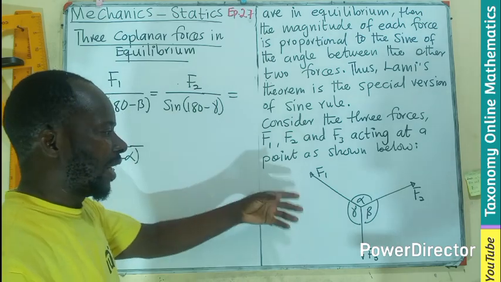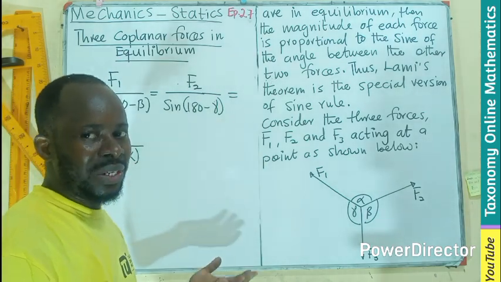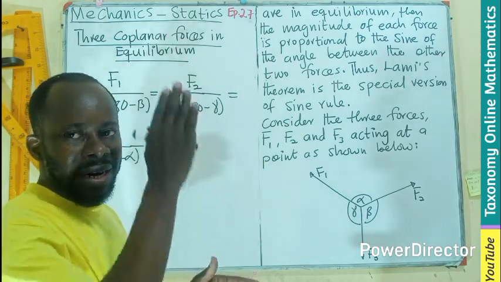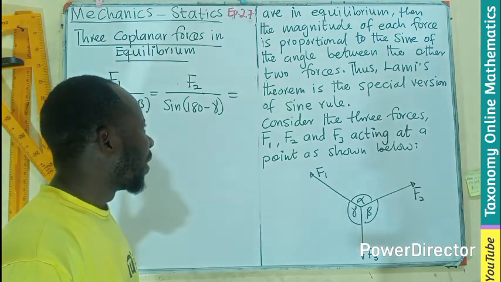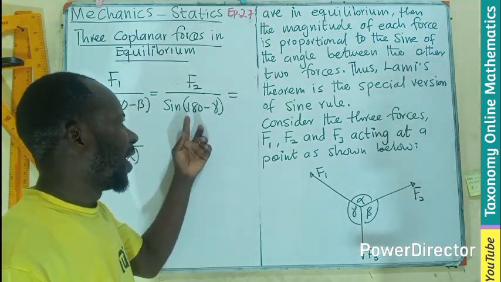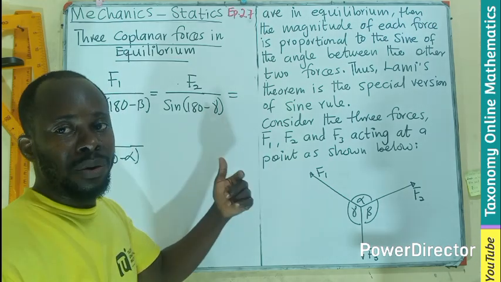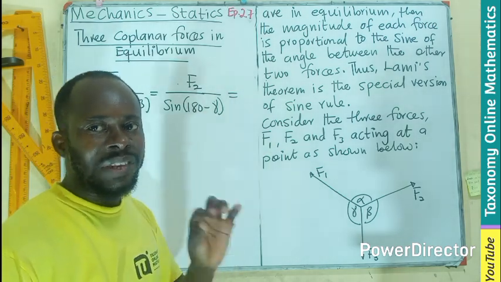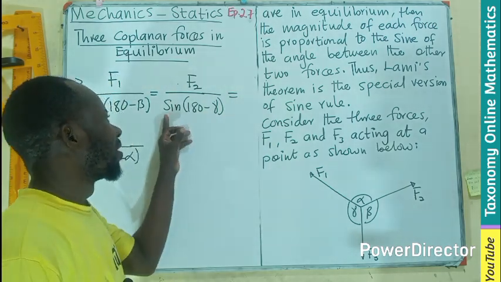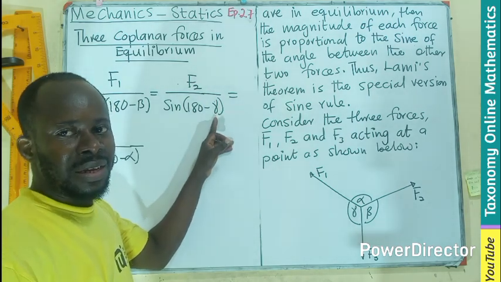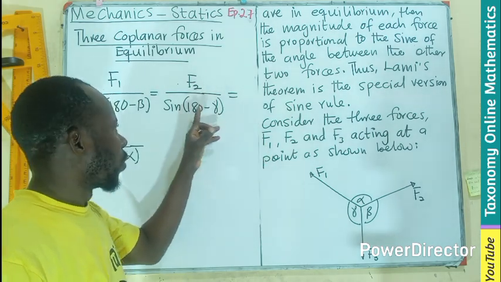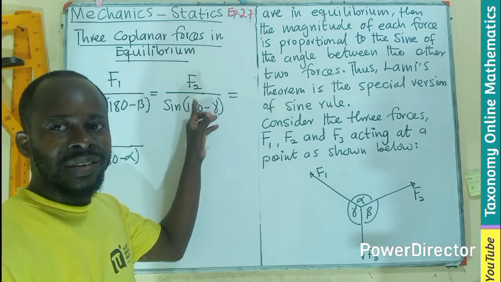Remember, we need to find the angle between them using the Cartesian plane, where we use the 90, 180, and so on to get those values. Now, this is a compound angle for the sine. So sine of 180 minus gamma is going to be sine 180 cos gamma minus cos 180 sine gamma.